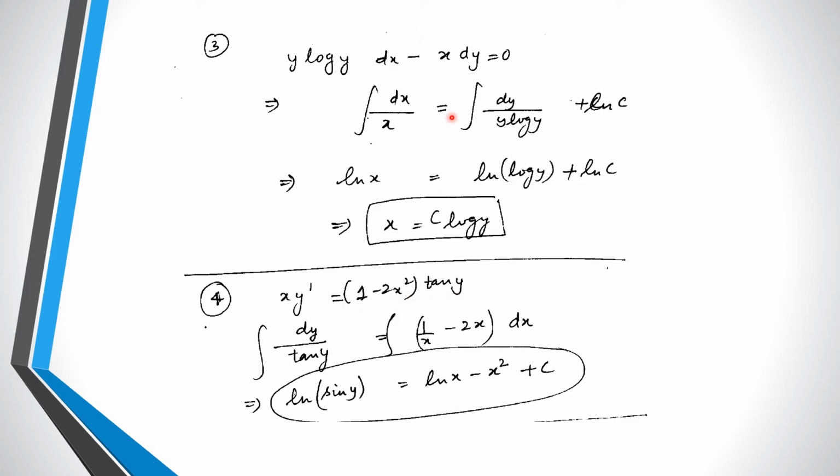In each problem you can separate the variables, combine the y terms with dy and x terms with dx, integrate both sides and you will have the solution. Same way here. So you can do it yourself.